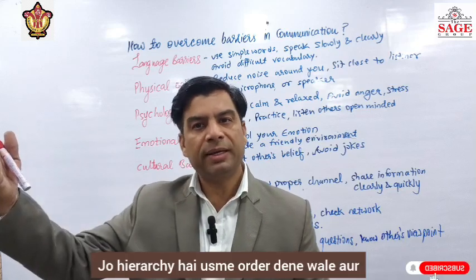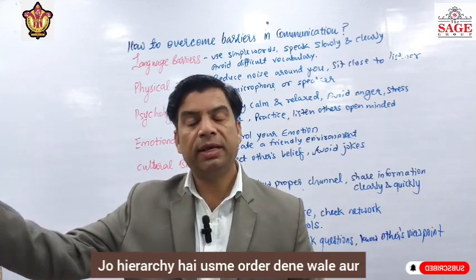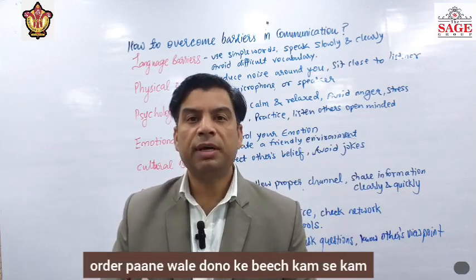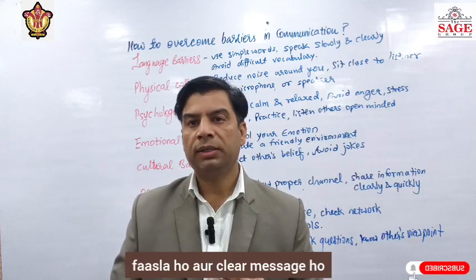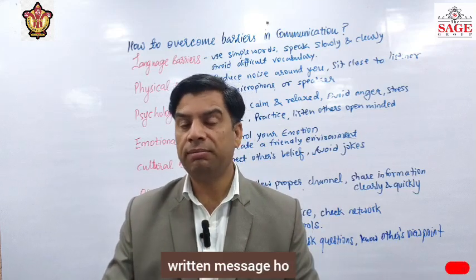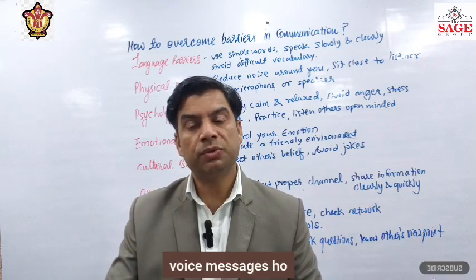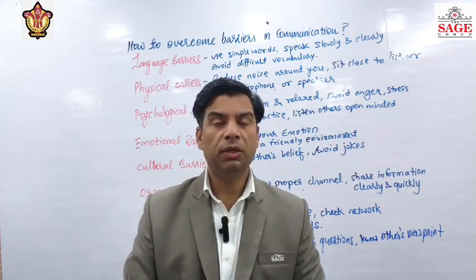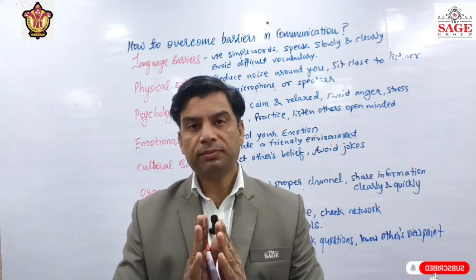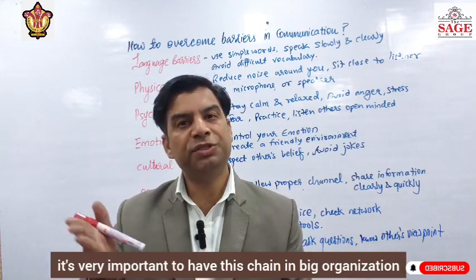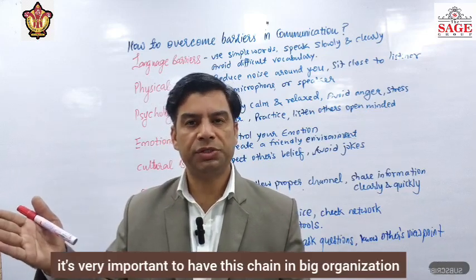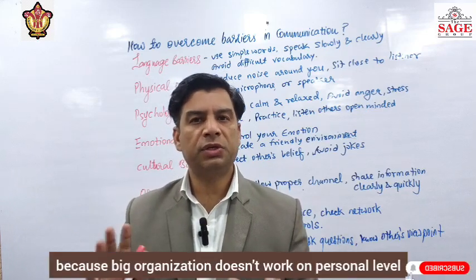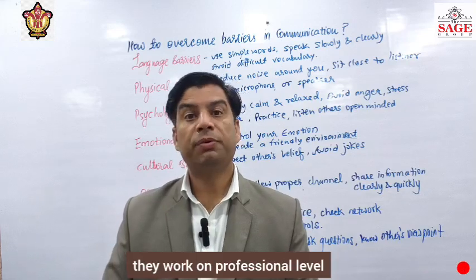जो हायरार्की है उसमें ऑर्डर देने वाले और ऑर्डर पाने वाले दोनों के बीच कम से कम फासला हो और क्लियर मैसेज हो, रिटन मैसेज हो, वॉइस मैसेजेस हो, जिससे जो बात कही जा रही है वो उसी तरह पहुंचे जिस तरह से उसको पहुंचना चाहिए. So it's very important to have this chain in a big organization, because a big organization doesn't work on a personal level, they work on a professional level.